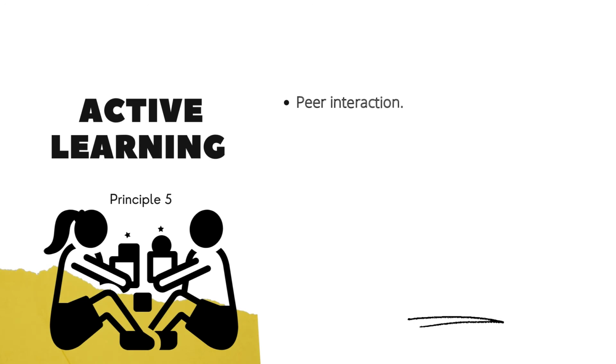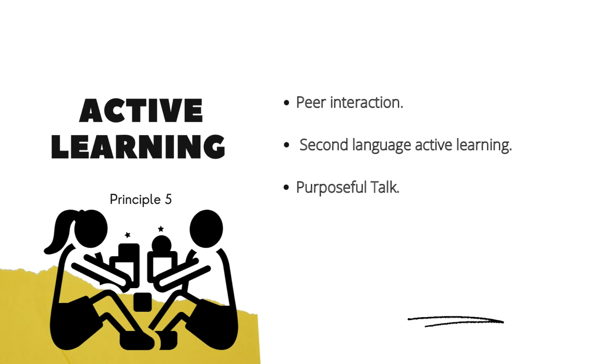The fifth principle gives importance to active learning. Children learn best through peer interactions in which they work together creatively to solve problems. With this, it is beneficial to do most class activities in teams or pairs, encourage students to talk with each other, and compare ideas in order to solve problems.